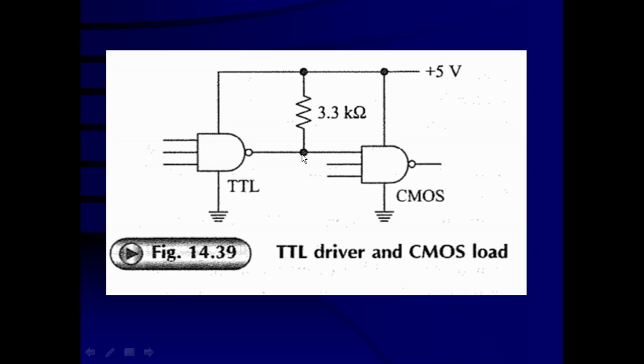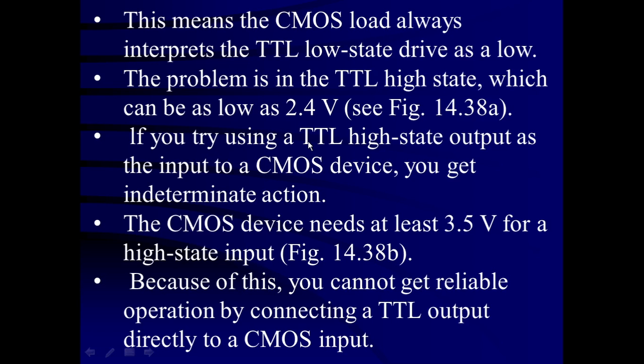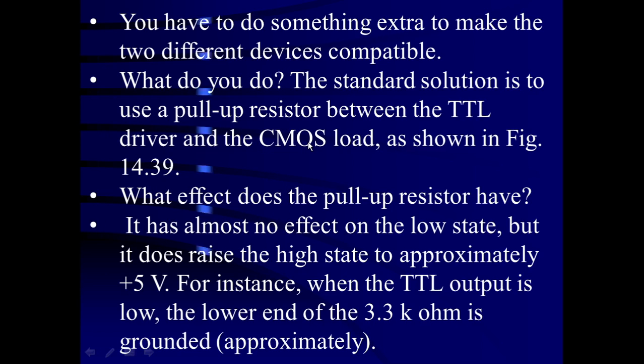It will pull the output voltage up to the 5 volt when the output of the TTL is going to be in the high state. What effect does the pull-up resistance have? It has almost no effect on the low state, but it does raise the high state to approximately plus 5 volt.